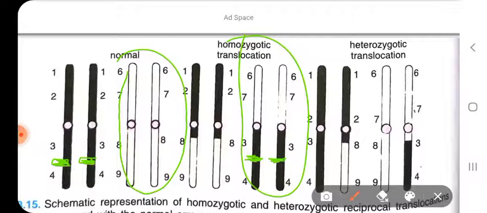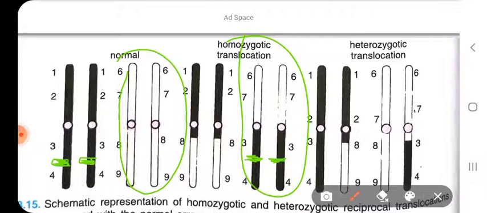Maybe that expression of the gene can be minimized. For example, if the genes are placed close to the heterochromatin region, then the expression of the gene will be low.